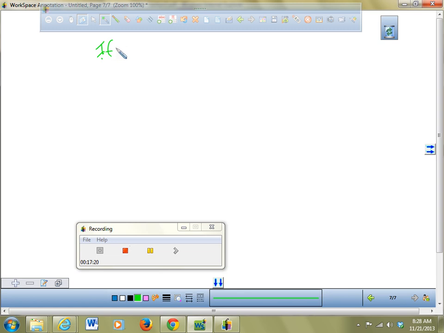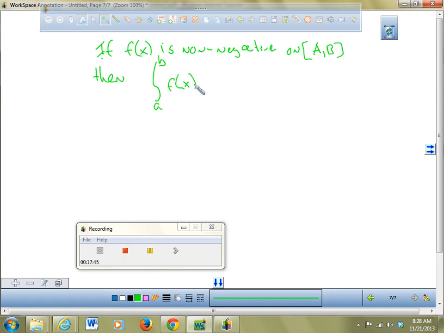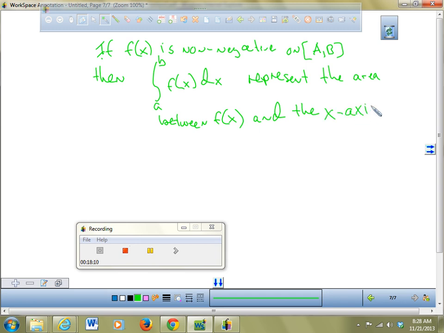If f of x is non-negative on [a, b], which means in an interval from little a to little b, then the integral represents the area between f of x and the x-axis.